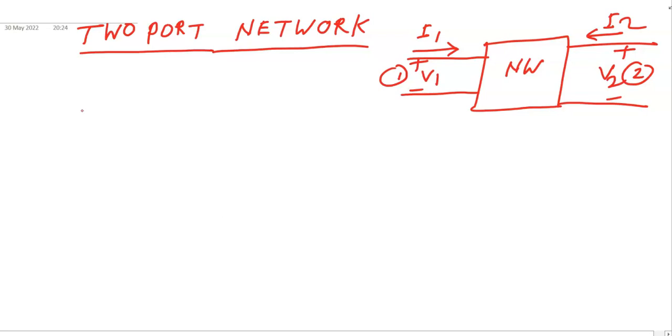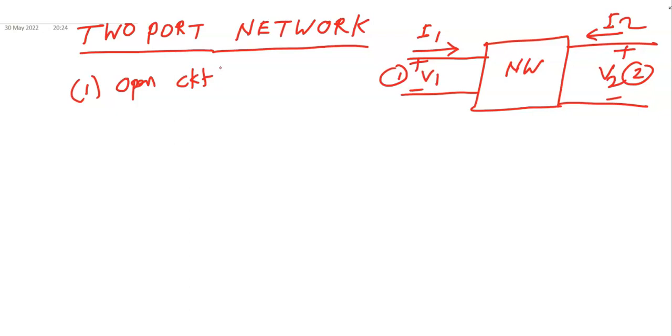We completely characterize two-port networks by their network parameters. One is the Z parameters, or open circuit impedance parameters.